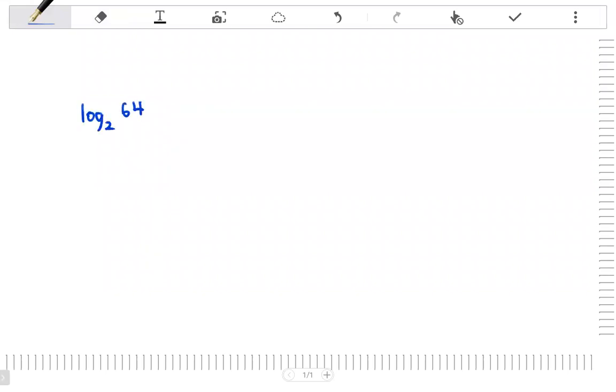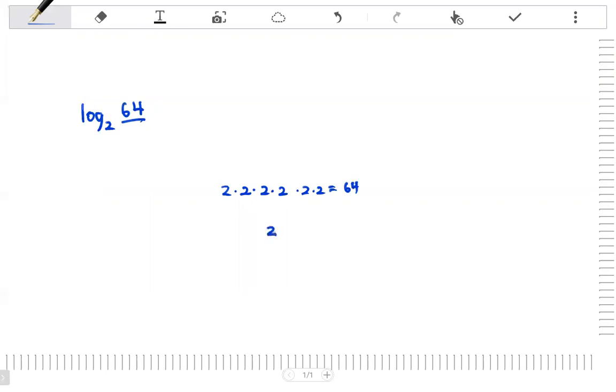Log base 2 of 64. How do we do this? Well, sort of like exponents, we want to change this 64. What is 64? 2 times 2 times 2 times 2 times 2 times 2, I think, is 64.